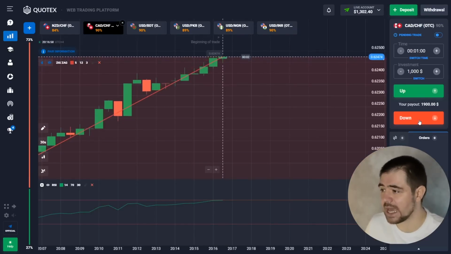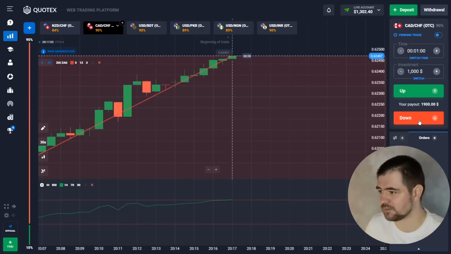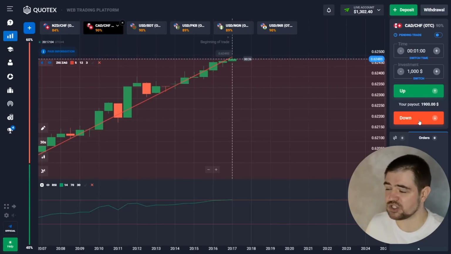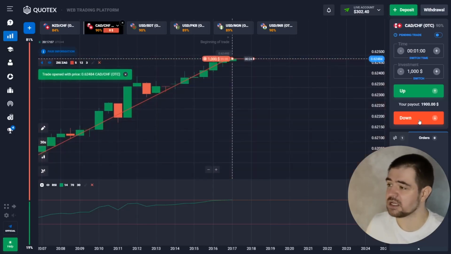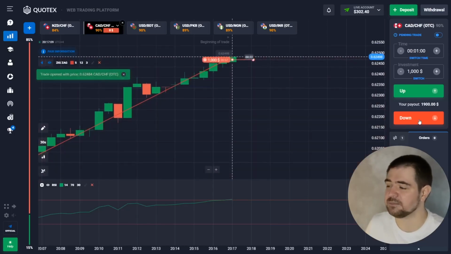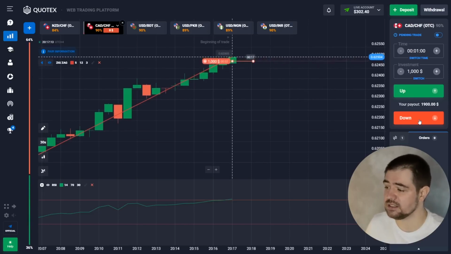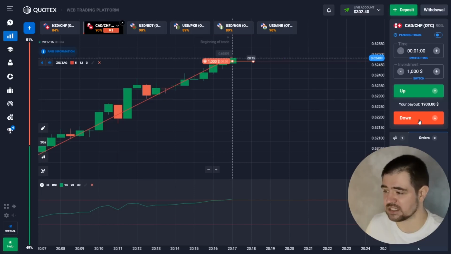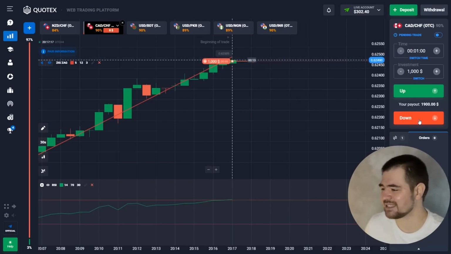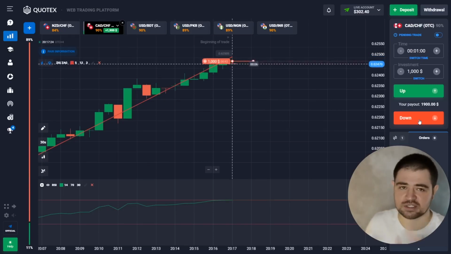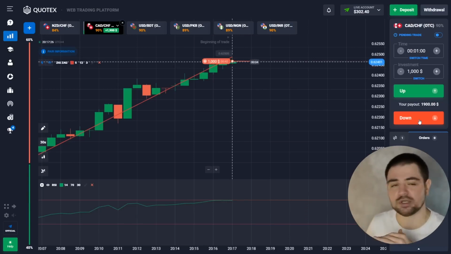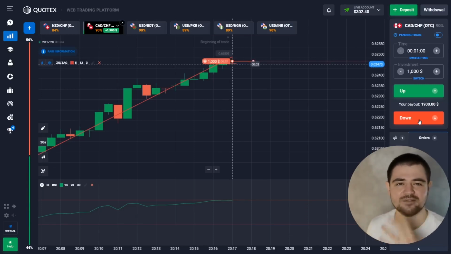I'm going to make a put option here, because we reached the area where the market is overbought, overheated, and this is usually the moment where the price starts to bounce off, because it acts as a resistance level. There's a lot of this going on, with support levels becoming resistance levels, and vice versa.